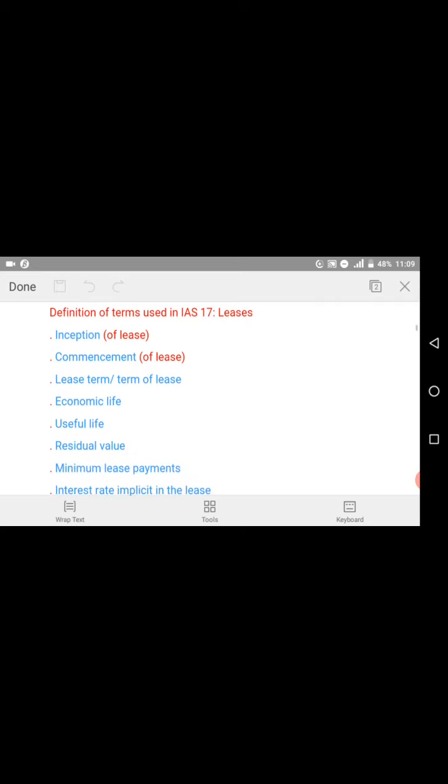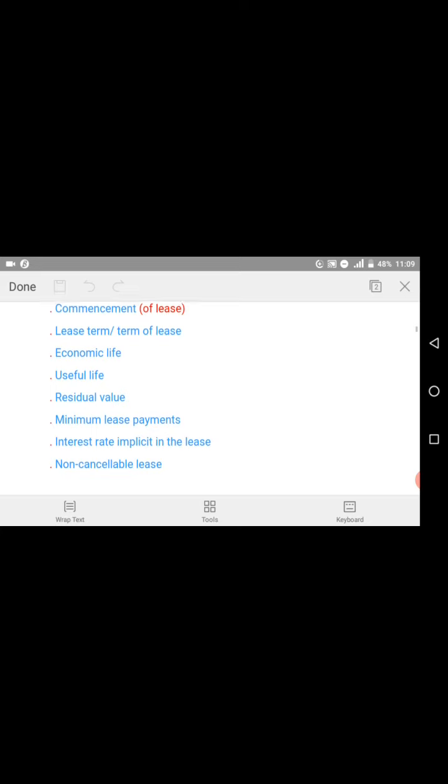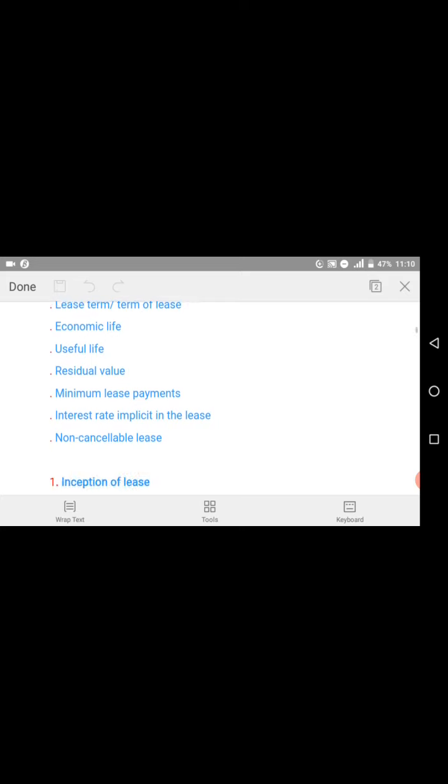The fourth, economic life. The fifth, useful life. The sixth, residual value. Seventh, minimum lease payment. Eighth, interest rate implicit in the lease. And finally, non-cancelable lease, which is the ninth one.